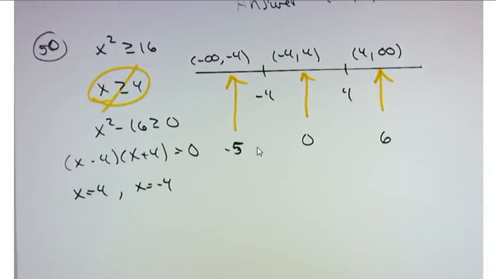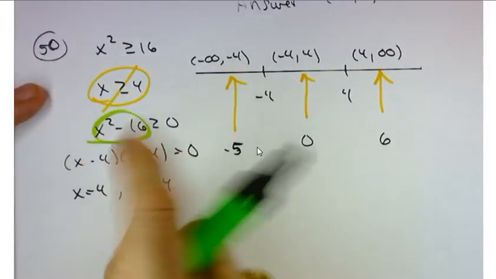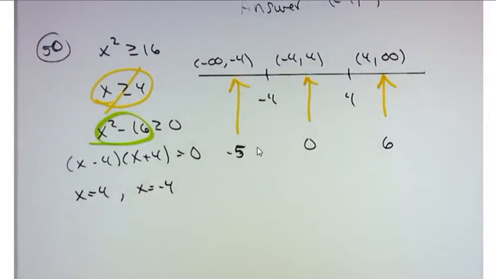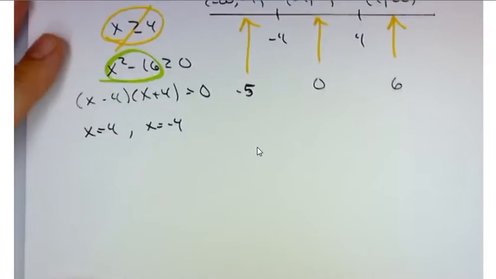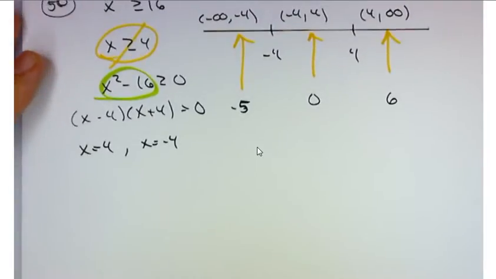Now, we're going to test them in this expression right here, the one where we got 0 on one side. For this one, let me remind you that you don't always need a graphing calculator. You can do it by hand. All we really need to know is positive or negative, right?